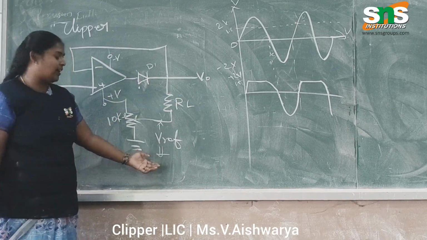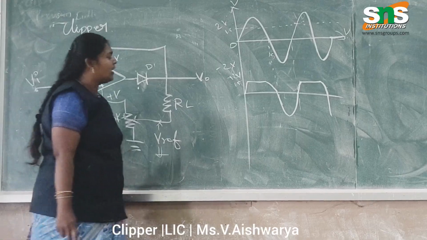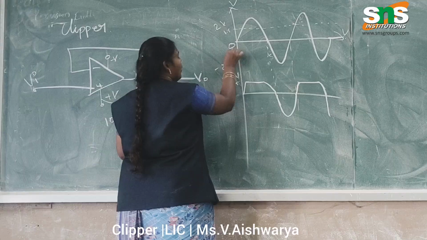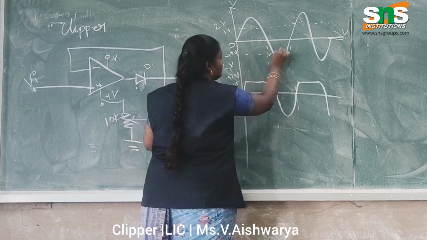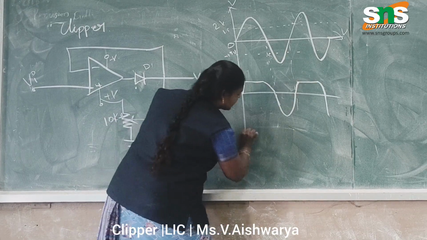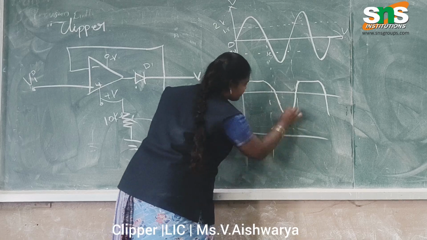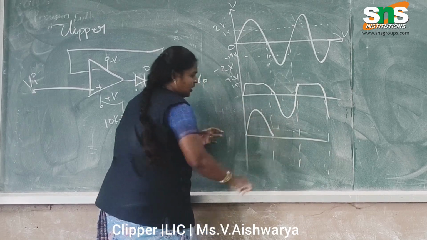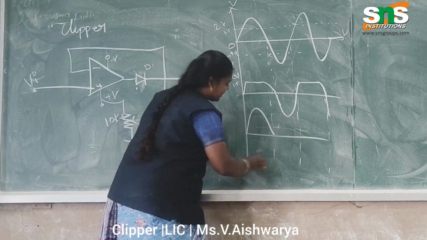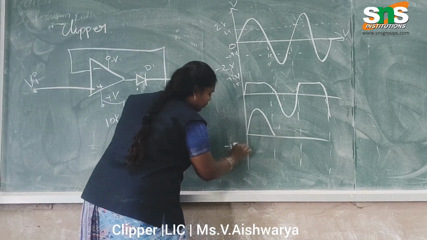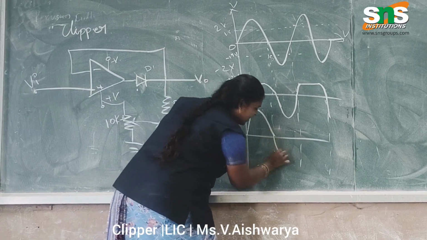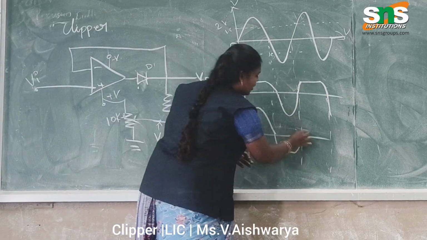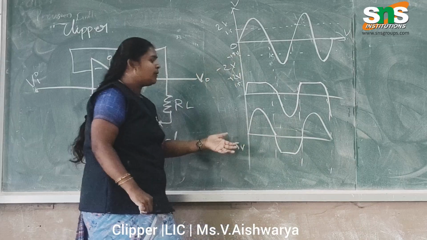But for the reference signal, for this negative clip off, I apply minus 1.5 volt here, so the signal runs like this. The positive side increases as usual to the peak, but on the negative side, at minus 1.5 volt, it goes to 0 and then increases. The positive side continues the same.